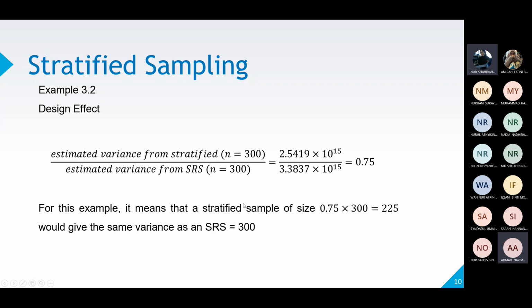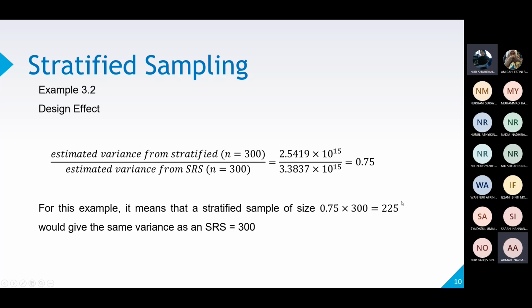This means that the stratified sample of size 225 would give the same variance as a simple random sample of size 300. If you look here, 0.75 times 300 is equal to 225.